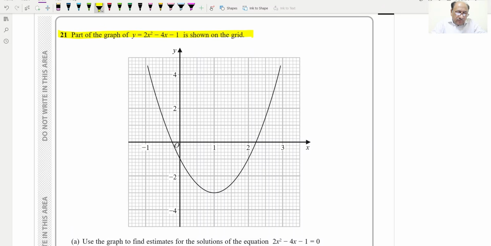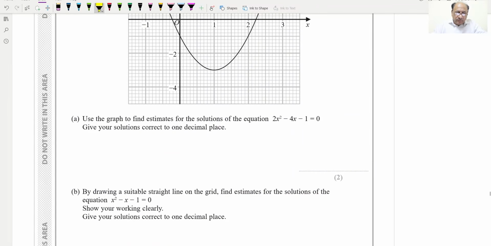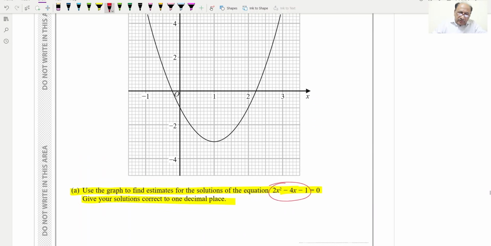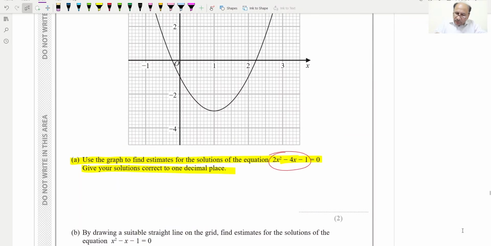Part of the graph of y is equal to this is shown in the grid. The A part is simple, straightforward, but the B part is a little tricky. A part: use the graph to find an estimate for the solution of this equation. So this is basically our y. If we compare this with the curve, we will write y is equal to 0.